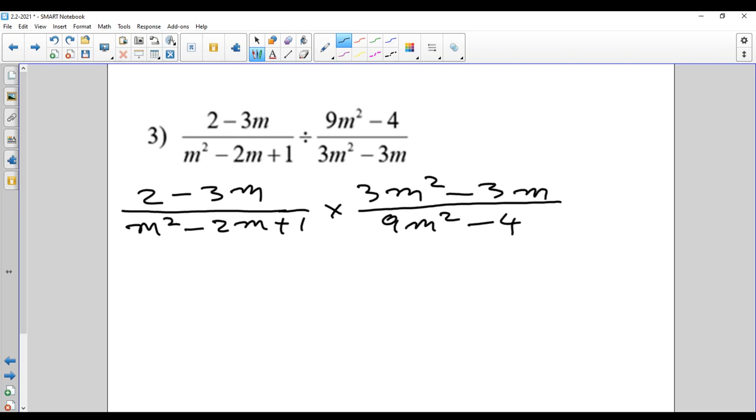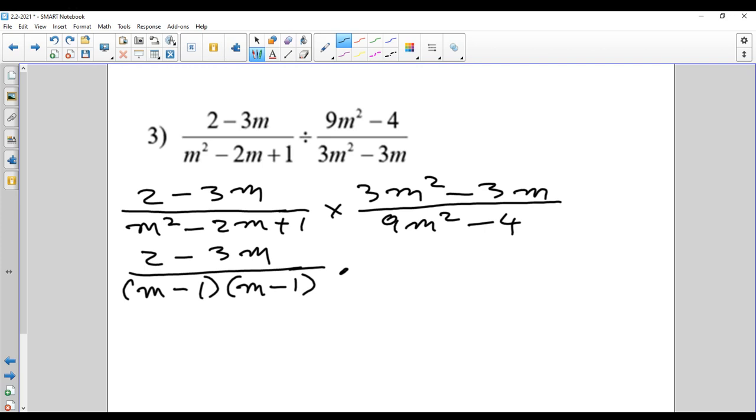Okay, how can you factor that? M minus 1 squared? You're right. It's m minus 1 times m minus 1. So 2 minus 3m on top. I'm going to write as m minus 1 times m minus 1, because maybe it's a little easier for us to see what to do with it next.